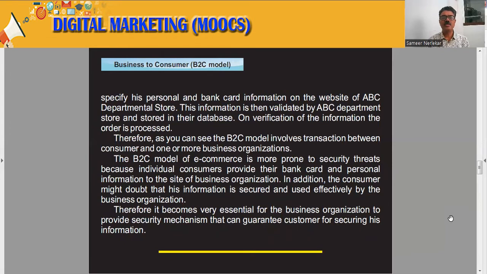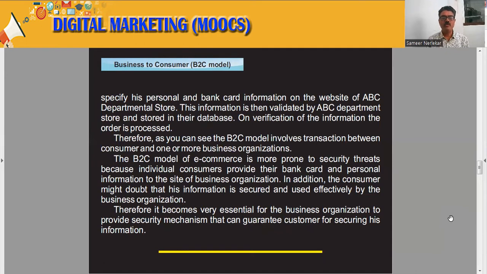This information is then validated by ABC departmental store and stored in their database. On verification of the information, the order is processed. Therefore, as you can see, the B2C model involves transaction between a consumer and one or more business organizations.